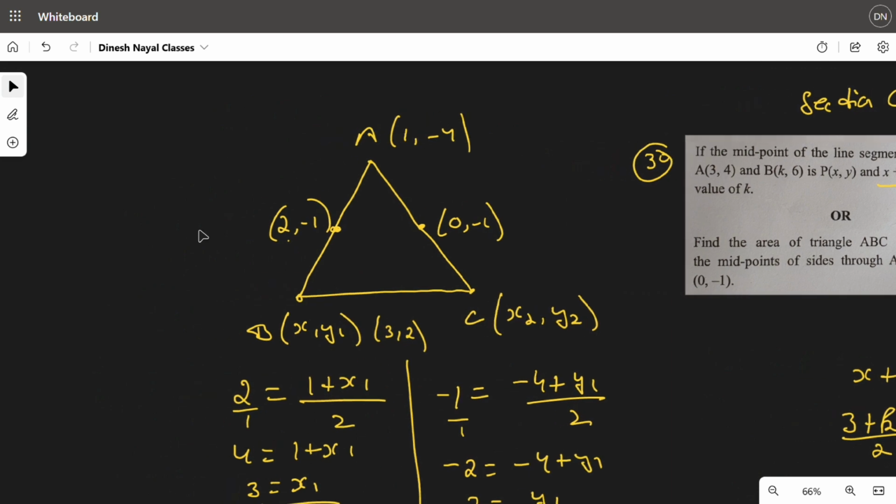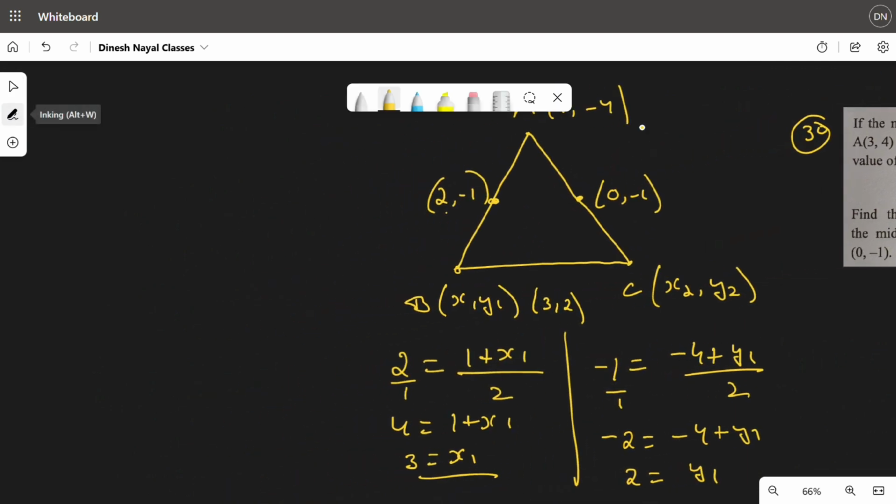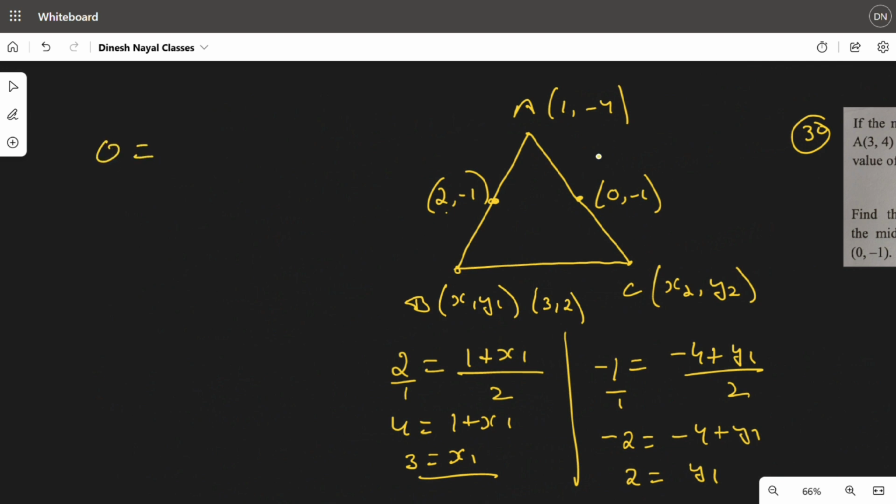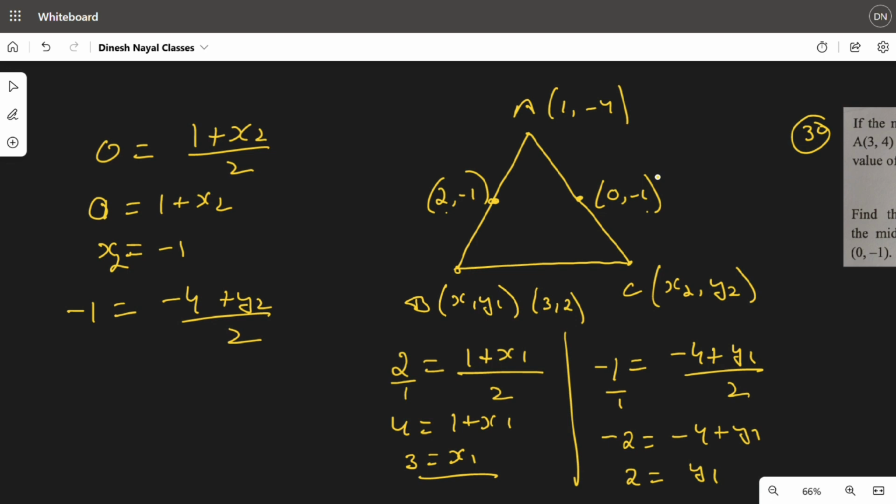Now, you have to find for C. For C, we know that (0, minus 1) is the midpoint. So this 0 will be equal to (1 plus x2) by 2. Cross multiply, this is 0. So 0 equals 1 plus x2. You take 1 to that side, that will be minus 1. So x2 is minus 1. Similarly, this is minus 1. So minus 1 will be equal to (minus 4 plus y2) by 2, because this is minus 1 being the midpoint.